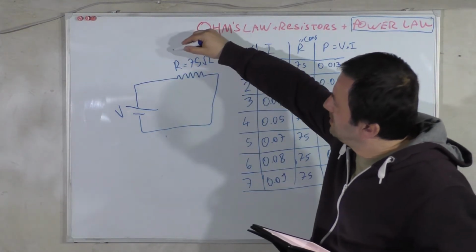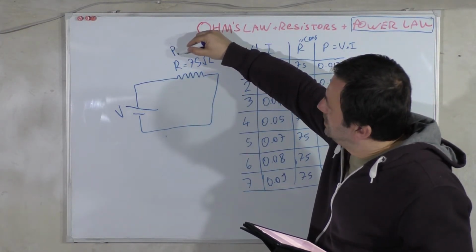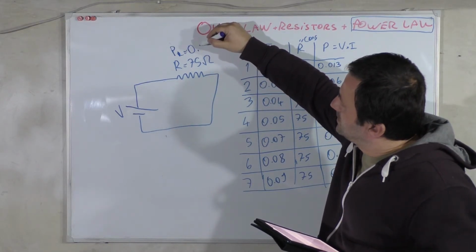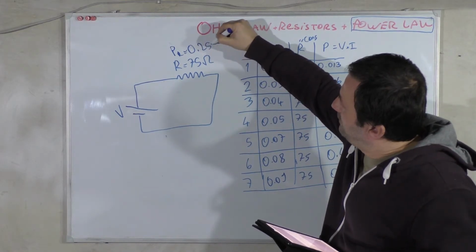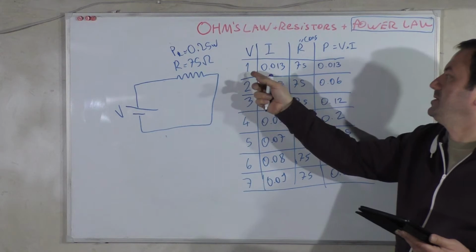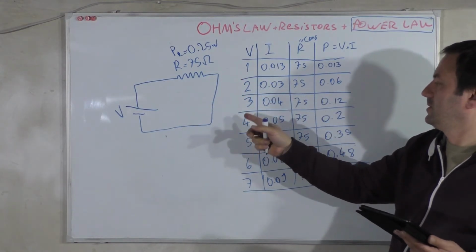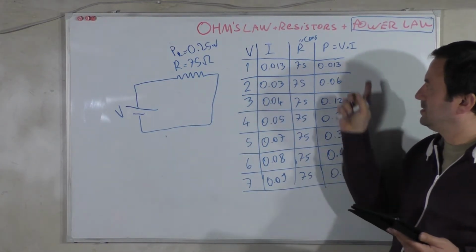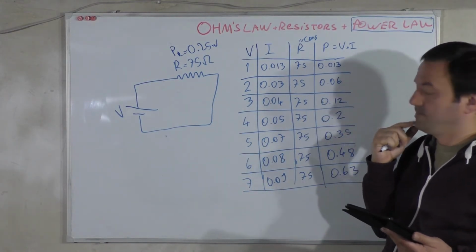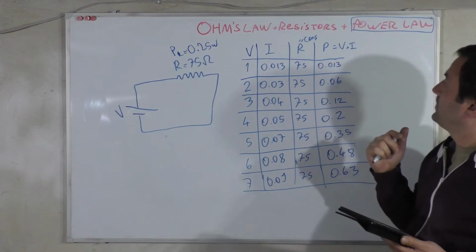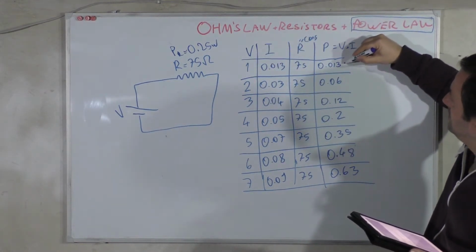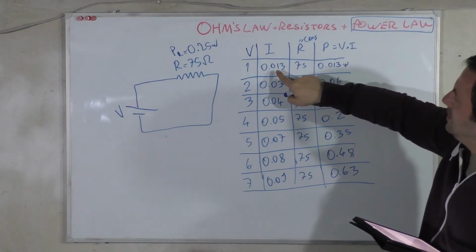It has a power rating of 0.25 watt. We will increase the voltage step by step: 1, 2, 3. I will put this photo in the corner of the video when we are doing it. When we apply 1 volt, we will read that voltage and that current.